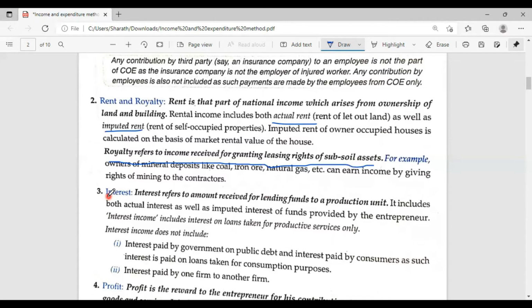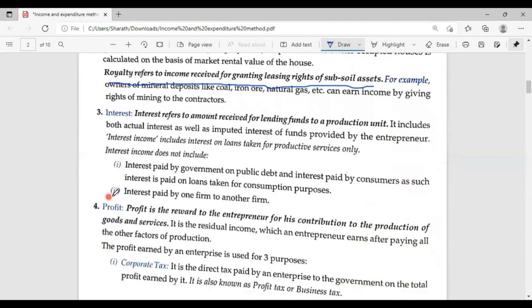Then, which interest cannot be treated as part of national income? You can see the list of items given here. Interest paid by the government on public debt, and interest paid by consumers on loans taken for consumption purposes. Kindly make a note, consumption purpose.